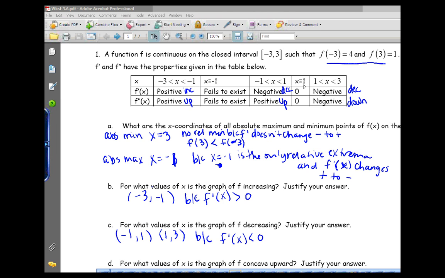At x equal 1, what can you tell me about f prime? It equals 0. F can only decrease when f prime is less than 0. So that's why I have to break up that interval between negative 1 and 1 and then 1 to 3. I cannot include x equal 1 because f prime equals 0 at that point.